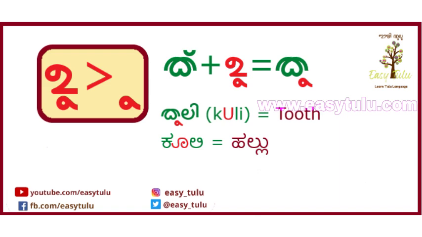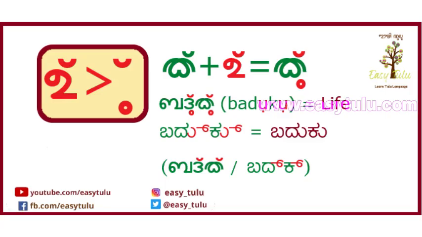Let us see how to write this. First we have to write the letter ka. Ka. And then add the long u symbol. Kuu.